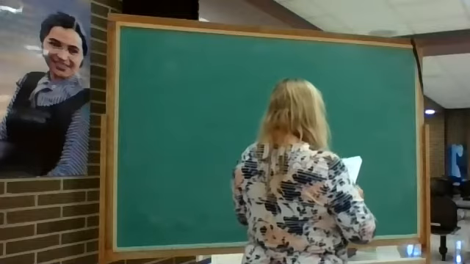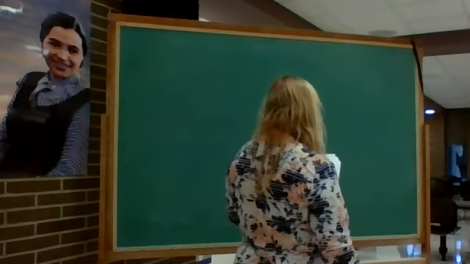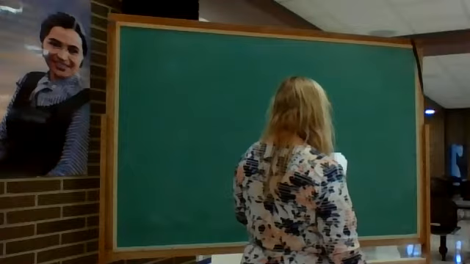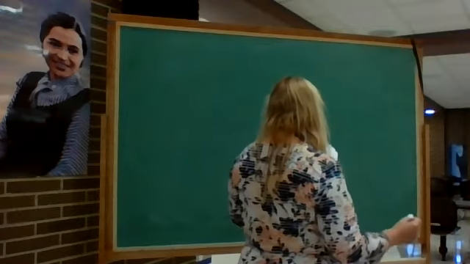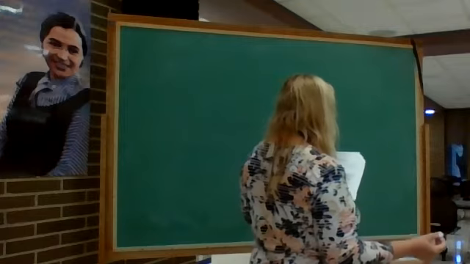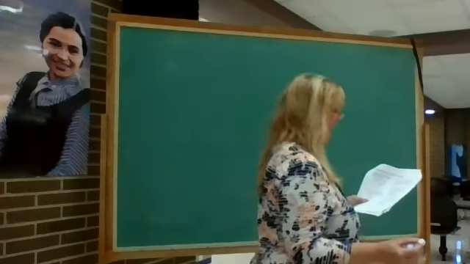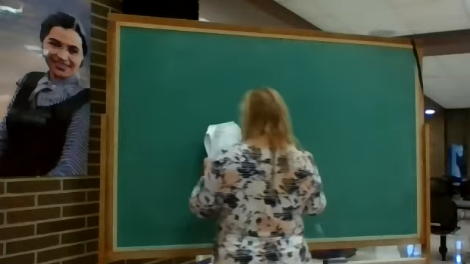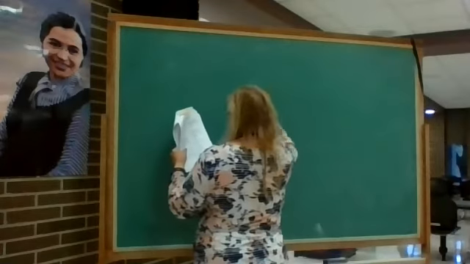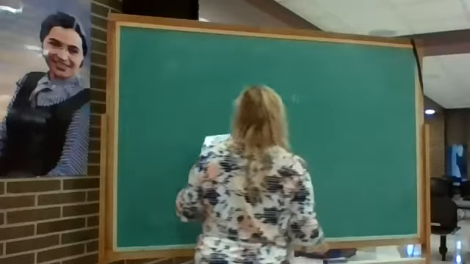Okay, what is the circumference of a circle with a radius of 4 feet? Use pi as 3.14. So what is the circumference of a circle? Does anybody know what the formula is? Close. 2 pi r. So the circumference is 2 pi r, right?